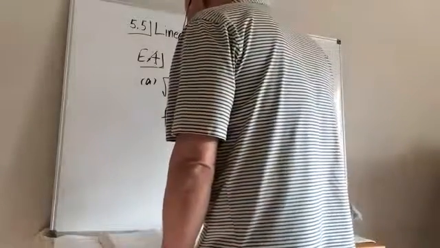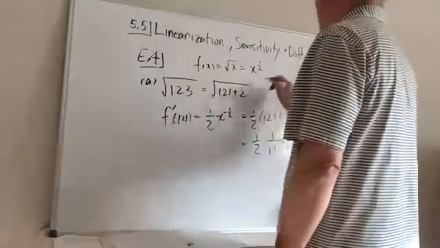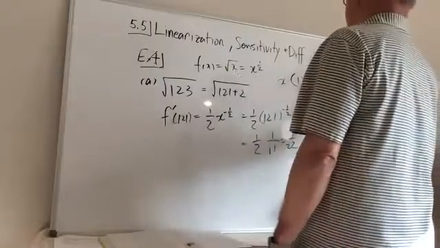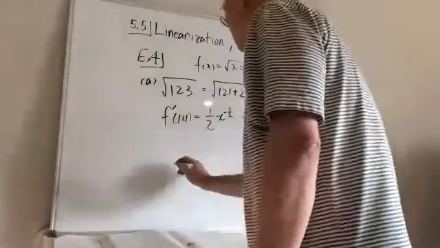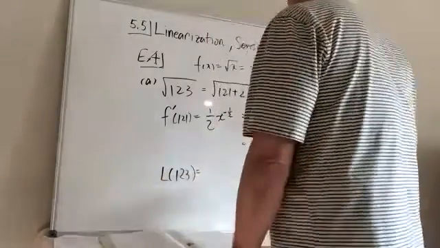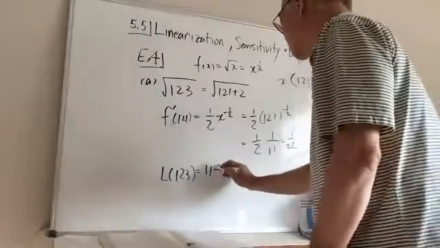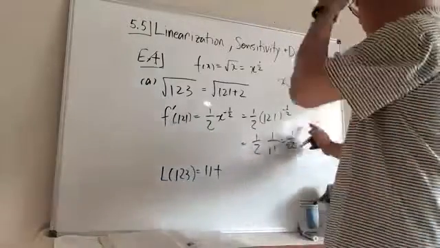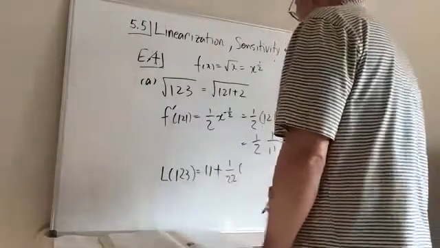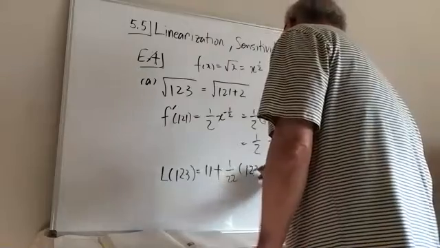Right, so what does the linearization look like? What's the number I get? When x equals 121, my value is 11 here, right? So the linearization of 123 is going to be equal to 11 plus this guy here, 1/22, and then I'm going to have x minus 121, since I'm trying to approximate this guy.